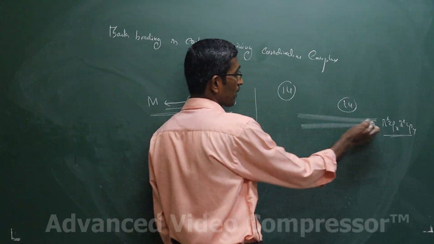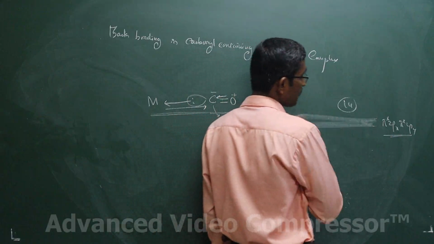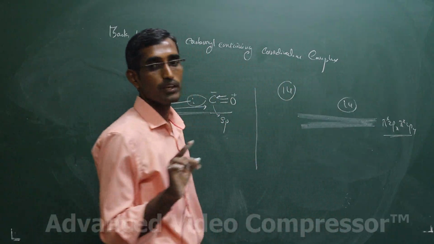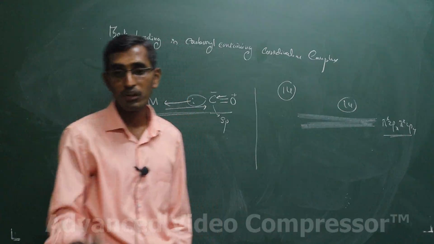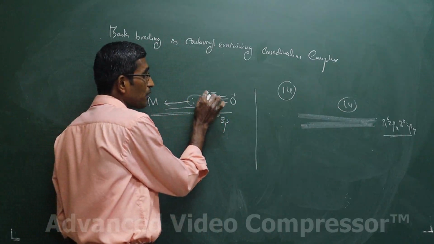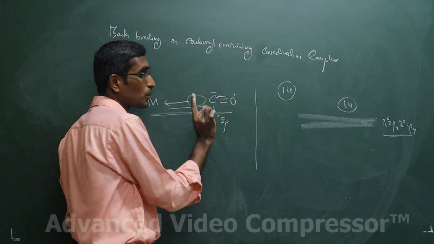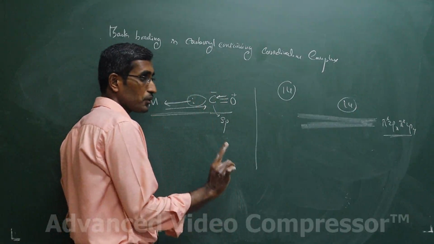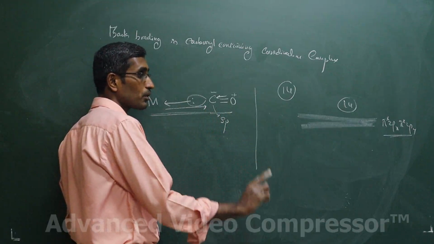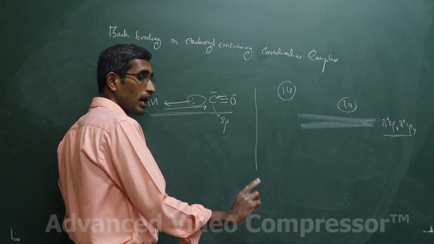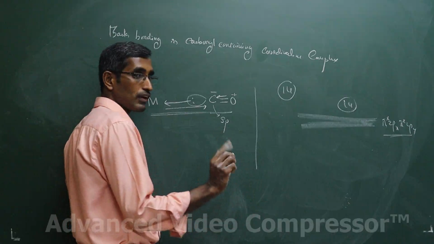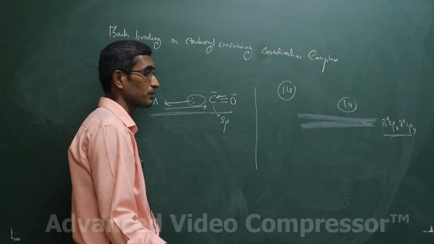The rest of the orbitals are filled, and there are antibonding orbitals, the pi star 2px and pi star 2py antibonding orbitals, which are present on the carbon atom and are unfilled. The pi star 2px and pi star 2py orbitals, the antibonding orbitals of the carbon atom in the carbonyl ligand, are not filled; they are empty.